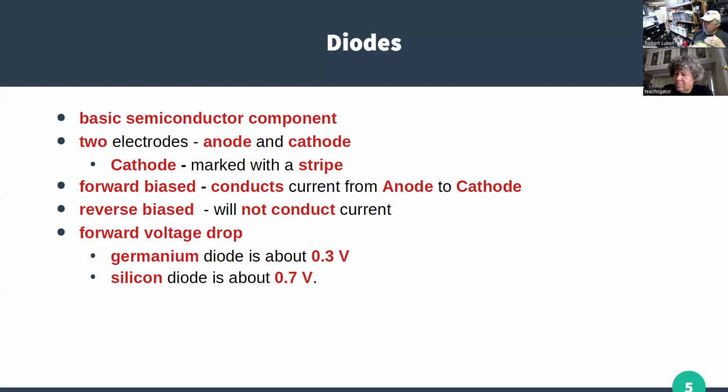So if we have less voltage than that, it won't conduct. If we reverse the voltage, it will not conduct up to a point. And we'll talk about that in a bit. But for most purposes, it only conducts in one direction when you have a high enough voltage to overcome that threshold voltage. We call that the forward voltage drop. Okay.